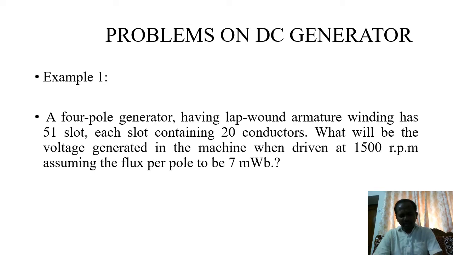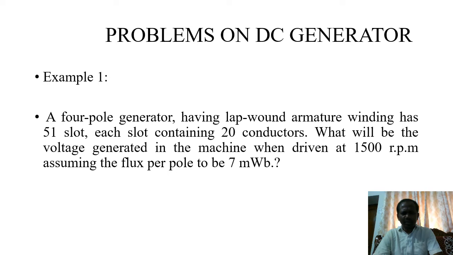The armature drop is IaRa. The induced EMF in the armature conductors is Eg. The series field resistance is Rsc. The current is Ia equal to Is equal to IL. For solving the problems, these equations are most important.